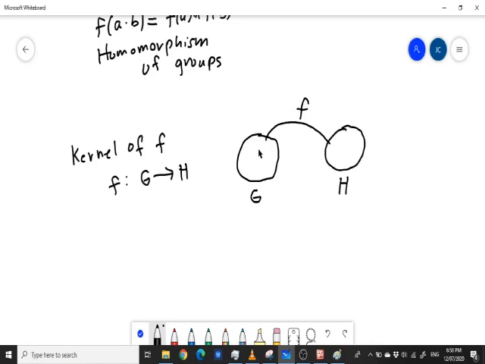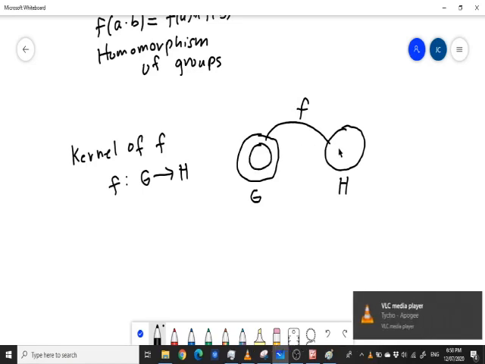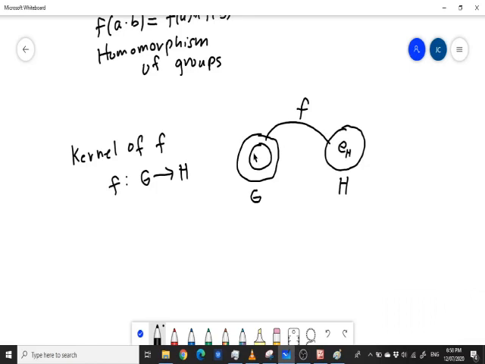So the kernel are actually those elements in G which are mapped to the identity element in H. You collect all of those elements in G which are mapped to the identity of H.